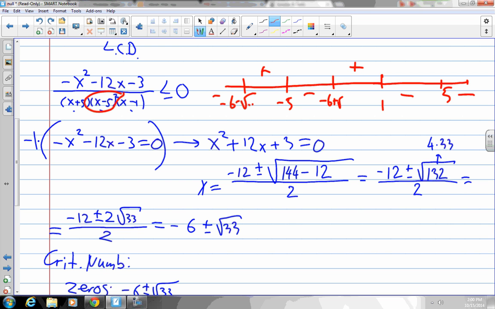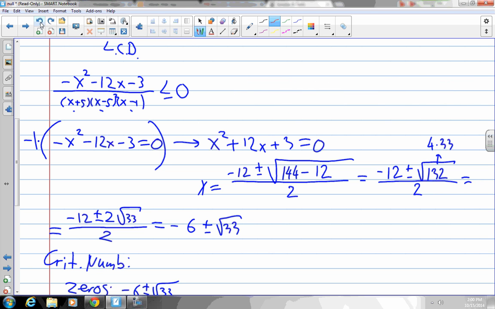Does that make sense? So that's that concept of multiplicity. And if you understand that idea, then it's really quick. If you don't, you have what, 6, 7 intervals. Just pick a number from each interval and figure out the sign of your function.